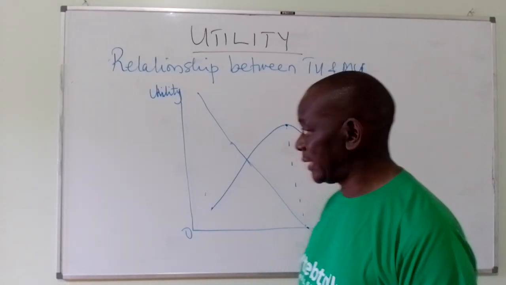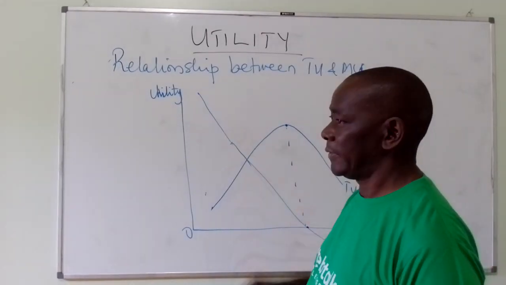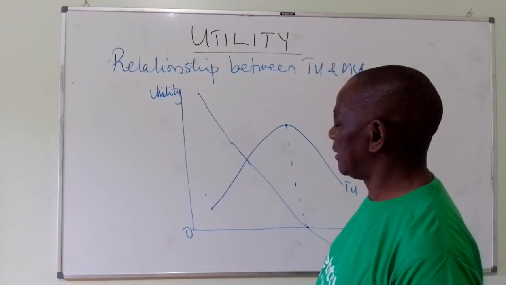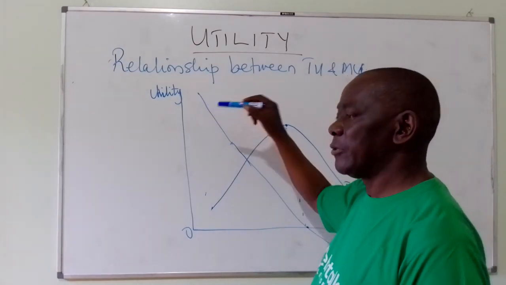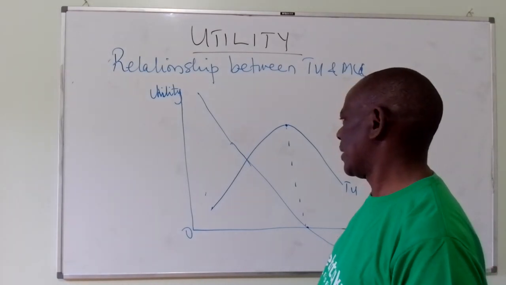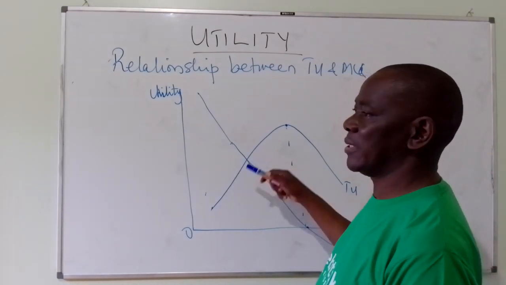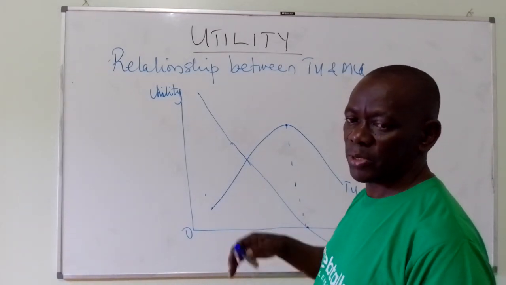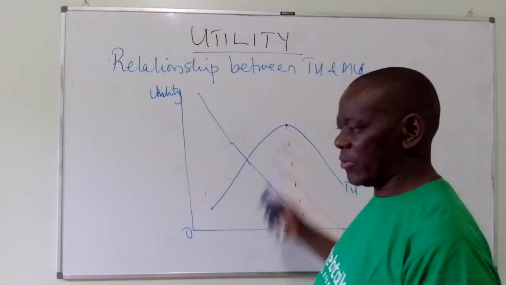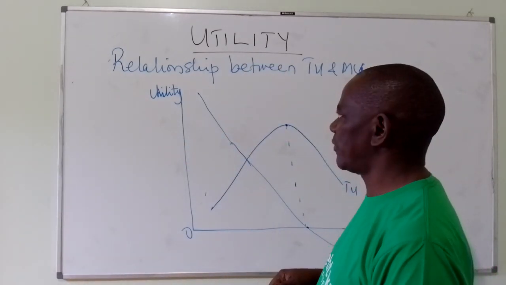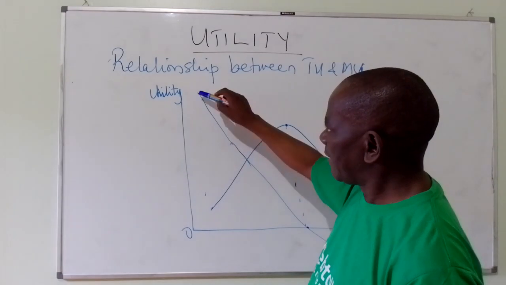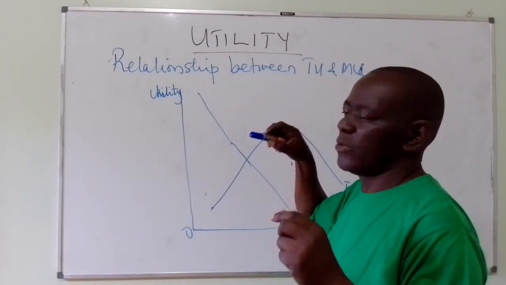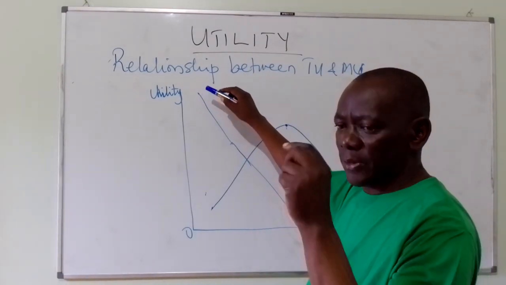When consumption is starting, the utility is very high, and that means the total utility is increasing, because it's the one which will give you the overall satisfaction that you are going to get from the product. So the first unit is going to give you a high utility.